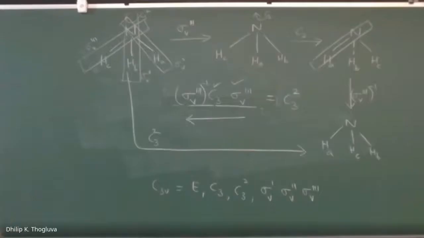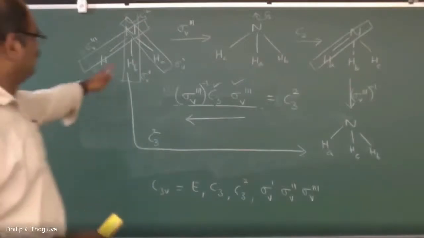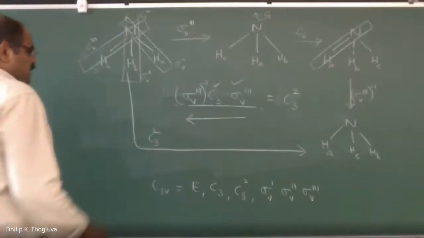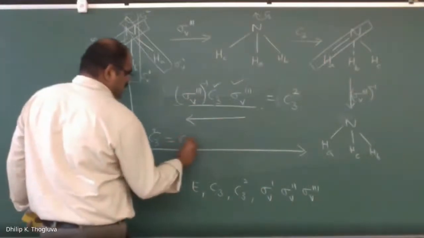Sir, you said it is C3 2. If we rotate in another direction, it can be C3 1 also. If we rotate it anti-clockwise, yeah, it will be equivalent to C3 minus 1.